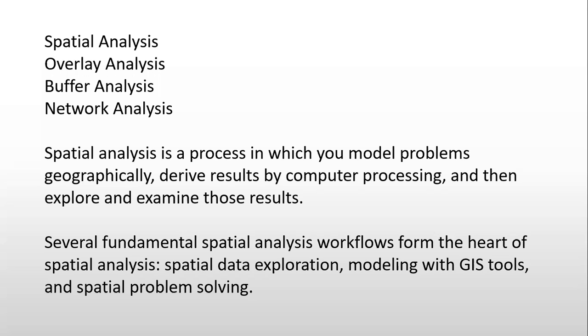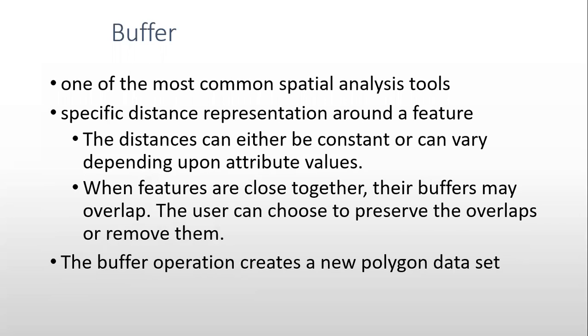So, spatial analysis: overlay analysis we already discussed, then buffer analysis and network analysis, and I already gave the definition. A buffer is one of the most common spatial analysis tools, a specific distance representation around a feature. A feature may be a point feature, linear feature, or polygon feature.